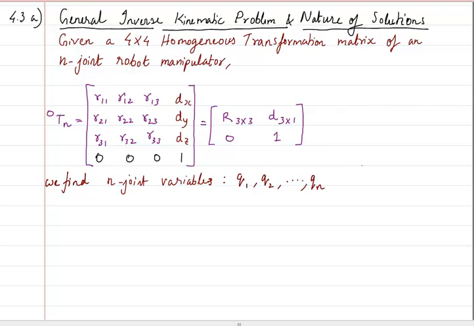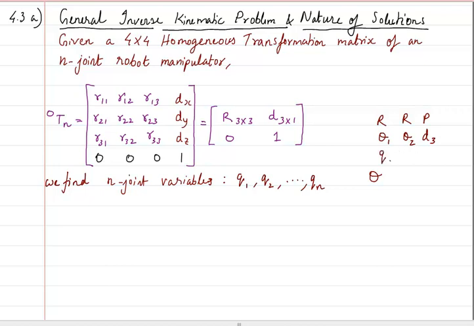Remember, I have just mentioned q for the first time. Generally, if it's a revolute joint, it will be a theta. So suppose you have an RRP robot, then I want to find theta 1, theta 2, d3. Why? Because P is a prismatic joint and the joint variable is translatory motion, so it is d3.